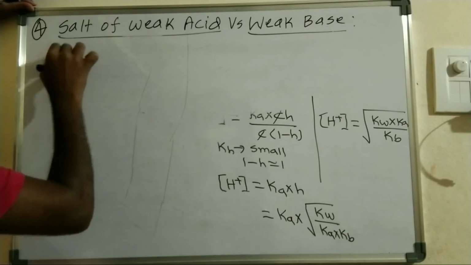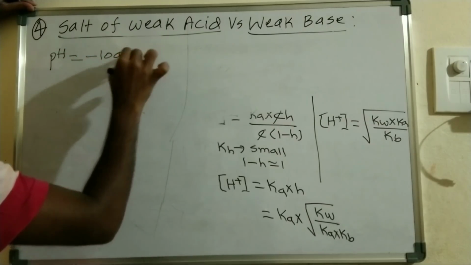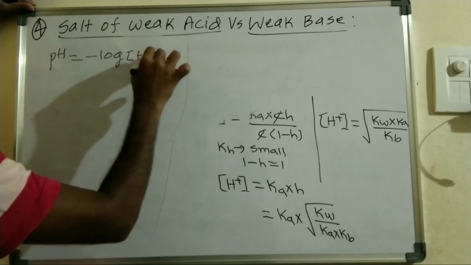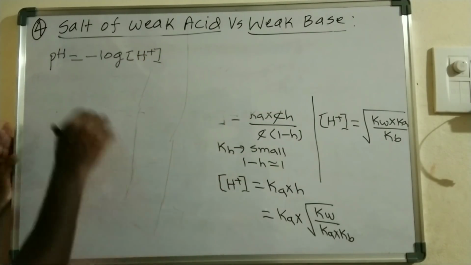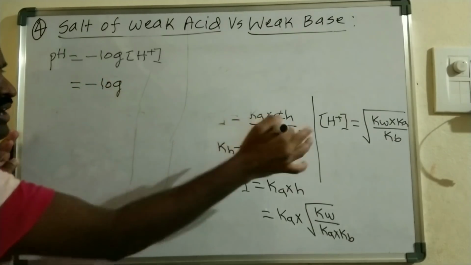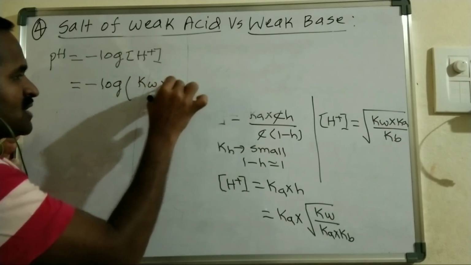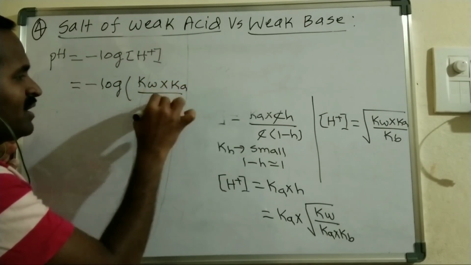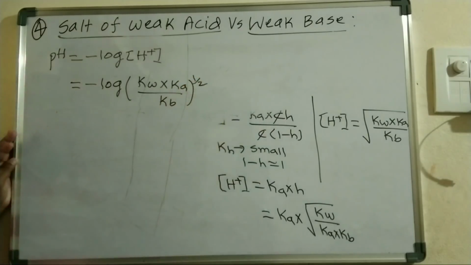pH is equal to minus log of H plus ion concentration. Here for the H plus ion concentration, you have that formula, square root of Kw by Ka into Kb. So that means minus log of Kw into Ka divided by Kb, the whole to the power 1 by 2.